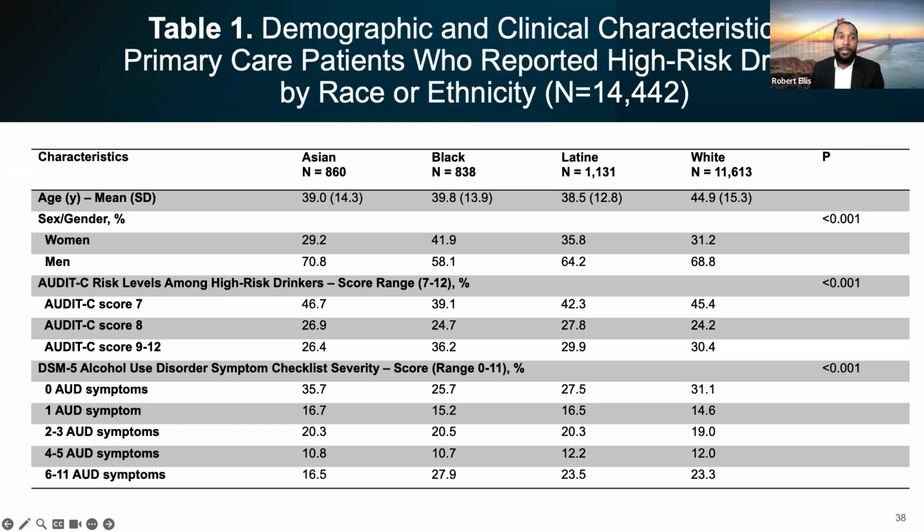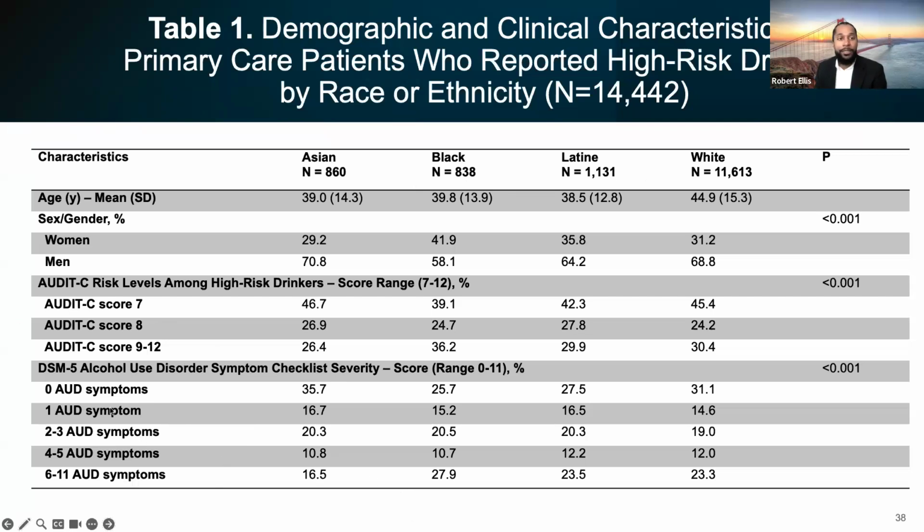And so here again is a table 1 for our AIM-2. And just to orient you to the table, at the top, we have our racial and ethnic groups. And on the vertical side, we see our characteristics, particularly the AUDIT-C, as well as the alcohol symptom checklist.